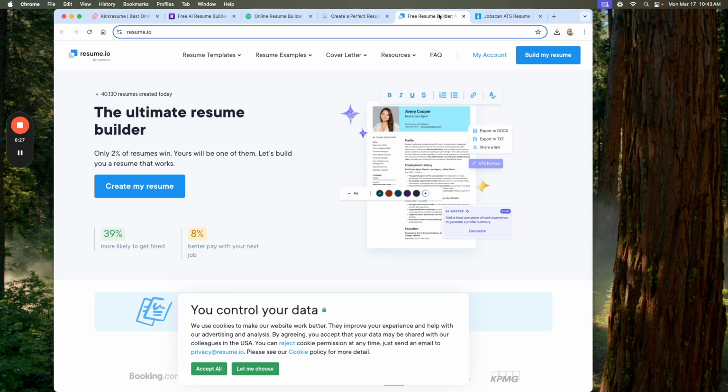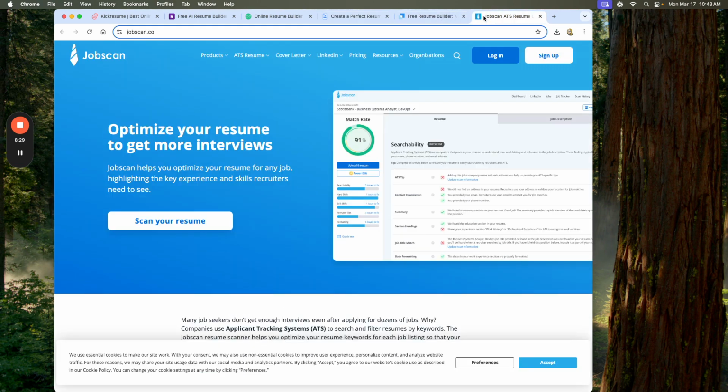I have resume.io, and then I have what is referred to as JobScan. The difference with JobScan is that it takes a closer look at the resume you already have, in terms of jobs that you're qualified for, that you may be highlighted and best qualified for.